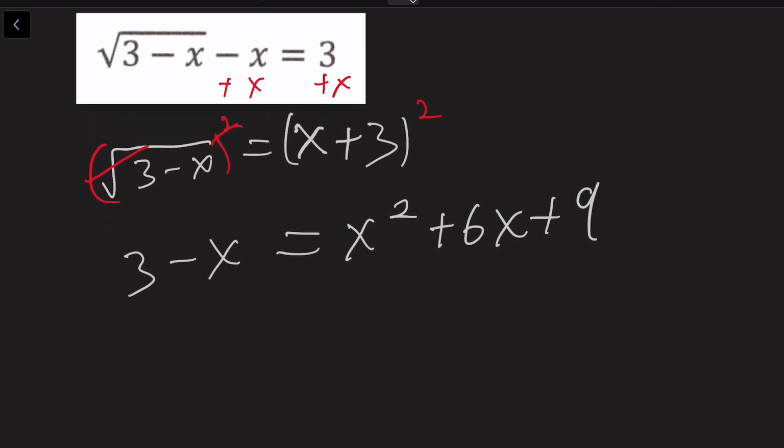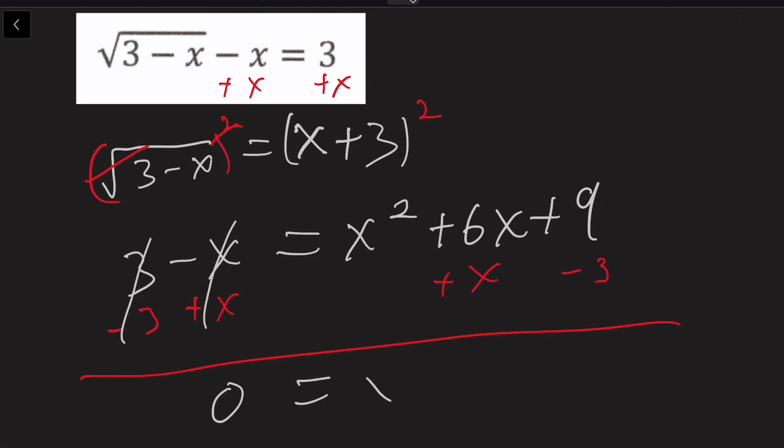Now since this is a polynomial, we're going to move everything to one side of the equation. So we're going to subtract 3 and add an x to both sides. This is going to leave us with 0 on the left is equal to x squared plus 7x plus 6.